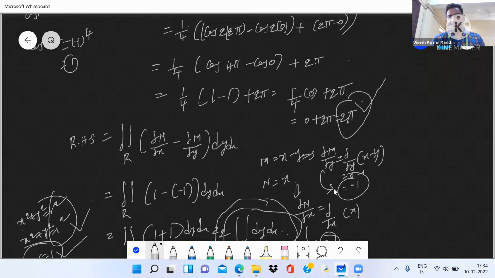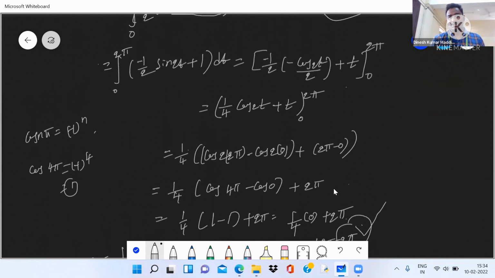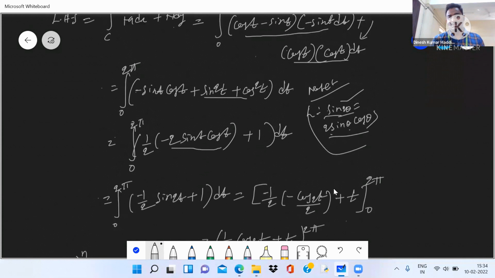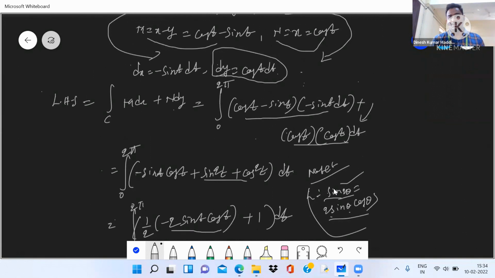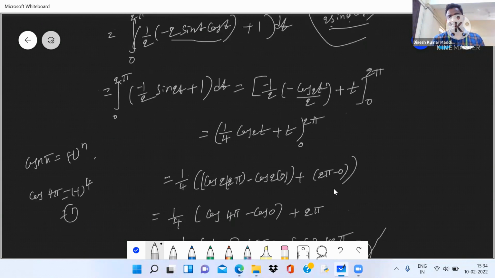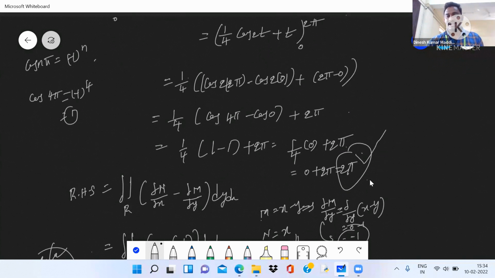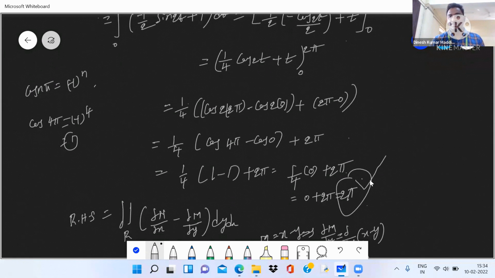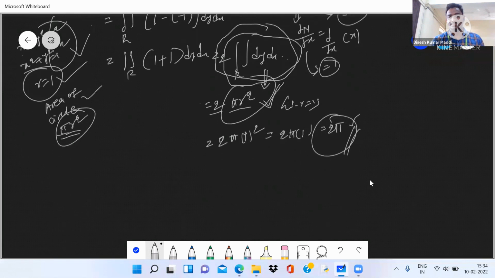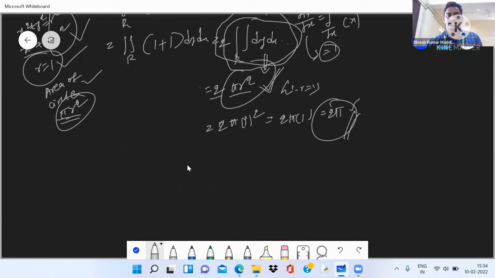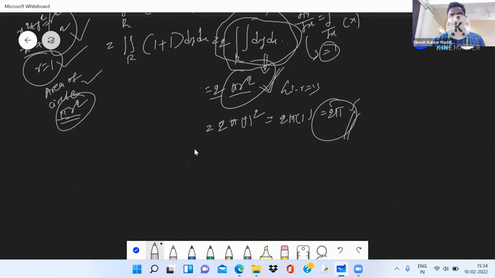Wait, I will show that step. Here the LHS part is 2 pi and the RHS part is also 2 pi. Then we can say that here Green's theorem is satisfied. LHS is equal to RHS.